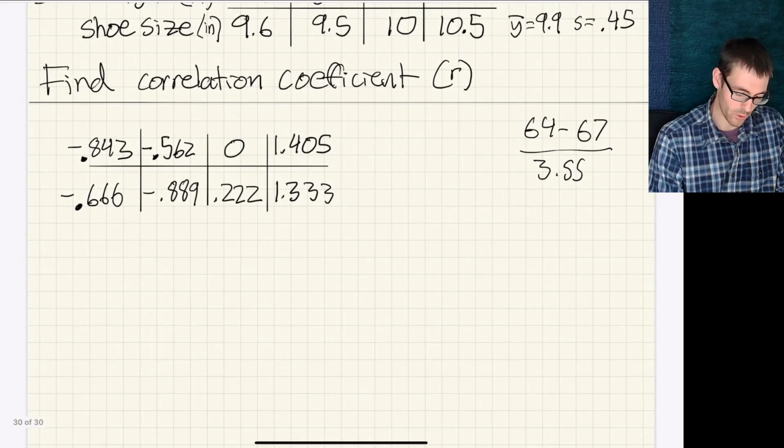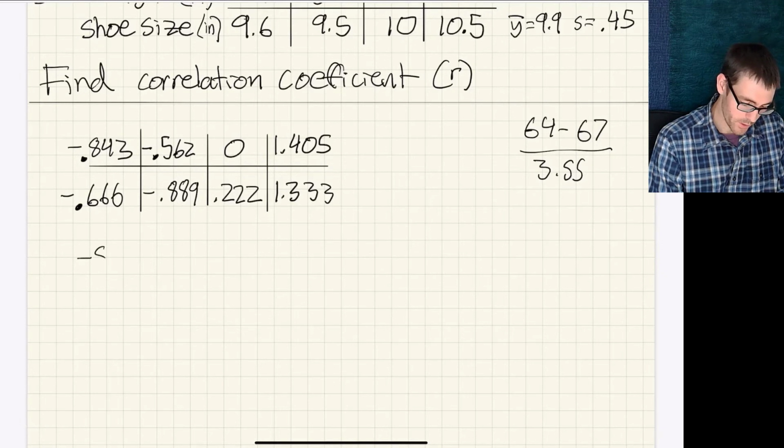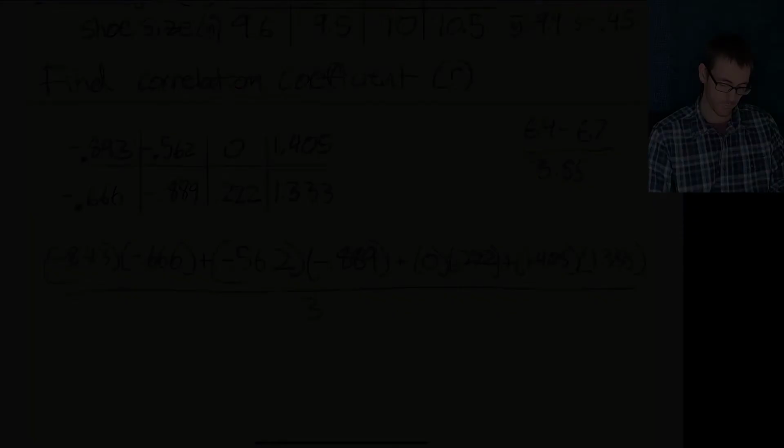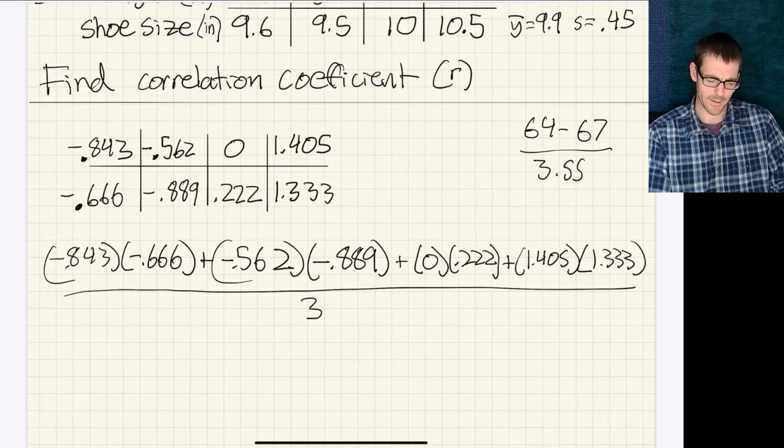So really quickly, negative 0.43 times negative 0.66 plus negative 0.562. Or maybe I will write it all the way out.